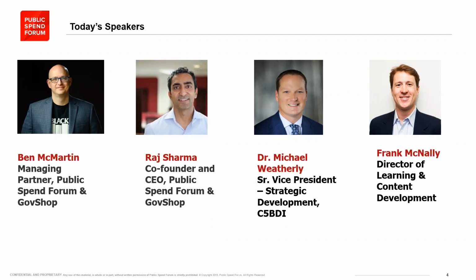And you know, what prompted this discussion is the efforts that we're taking at Public Spend Forum through GovShop to display data to allow government and industry to find each other to benefit from the SBIR program. But as we'll explore today through this conversation, GovShop and our machine learning tool does a lot, and it can provide the basis for that understanding where companies are and where technology is.